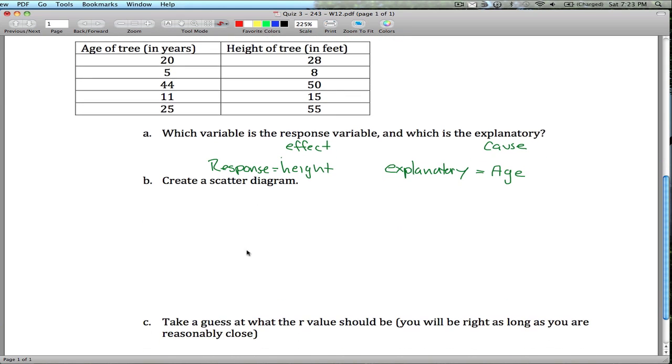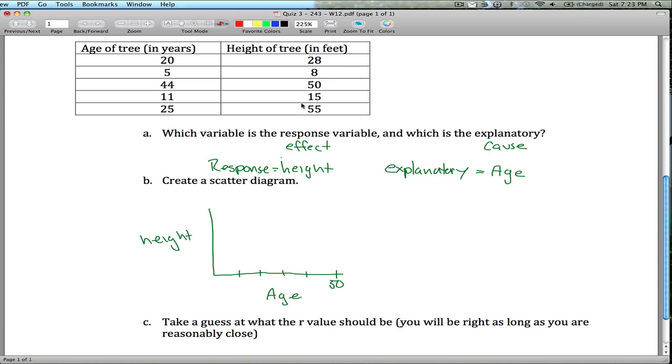All right, create a scatter diagram. We can do that. Let's see, it's important that you put the explanatory variable, try to make that a little neater, on the x-axis. So we want age down here and height up here. And let's see, age goes up to 45, so maybe I'll do tens of years, 10, 20, 30, 40, 50.